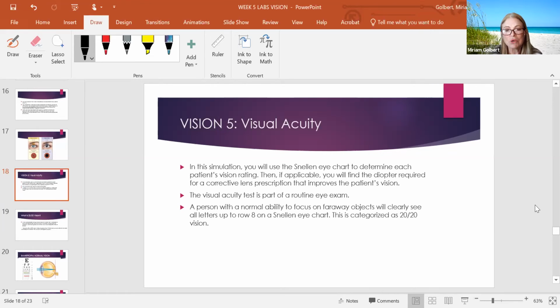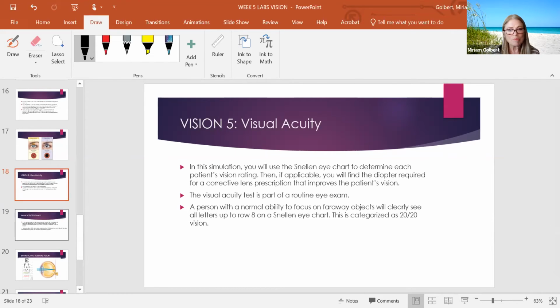And when you have good vision or visual acuity, you can see line 8 of the Snellen chart when you are 20 feet apart from the chart. So that's important for driving. I'm sure that you all have done that when they tell you read line 4, 5, 6, and they get to 8. And if you can't read it, it means you need glasses, right?